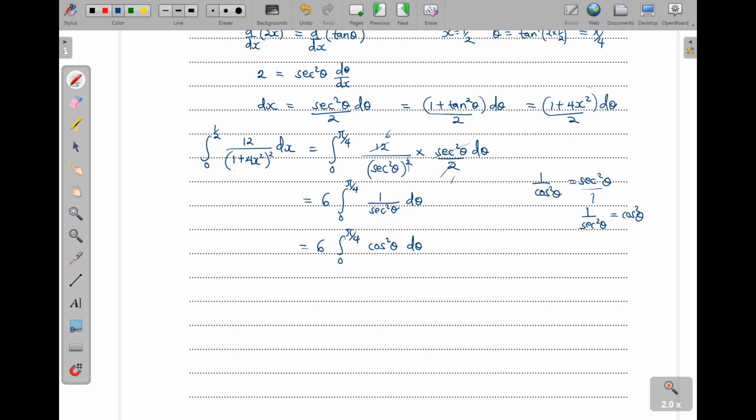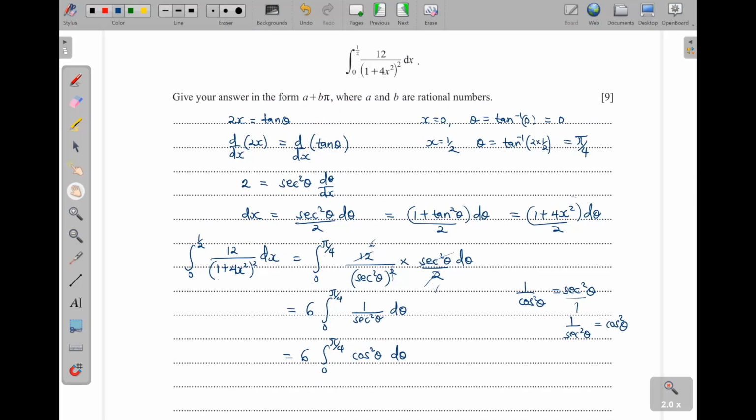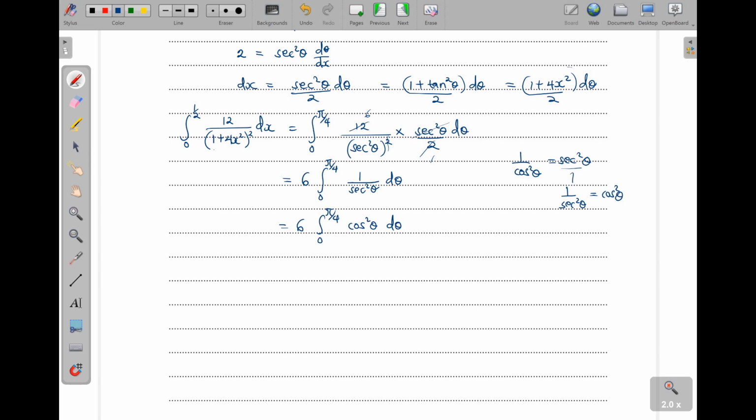Okay, now this is why they gave you these 9 marks, because again we have to continue. If you get an even power of sine or cosine, you have to use the double angle for cosine. We have cosine of 2 theta, which in terms of cosine is equivalent to 2 cos squared theta minus 1. This one is in your list of formulae.